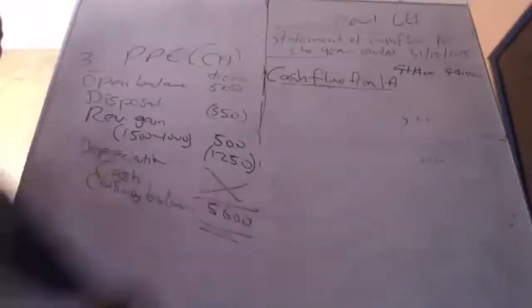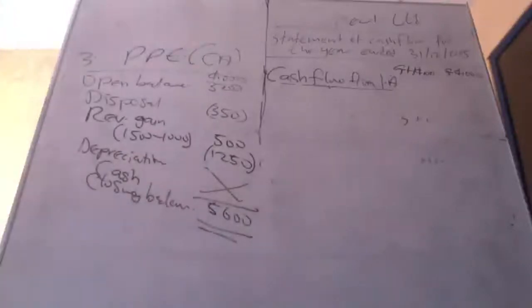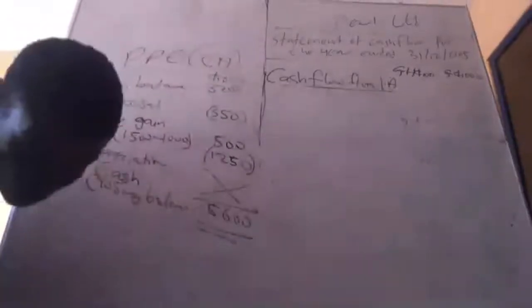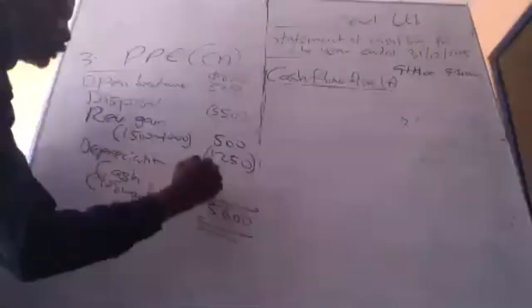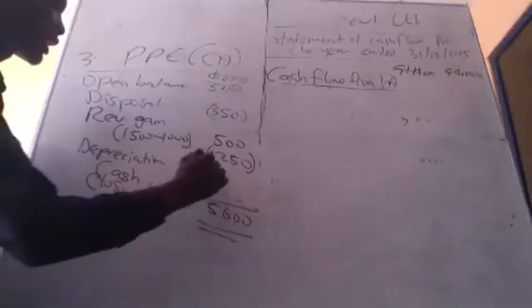Good. The difference between this, less 5,600. So that's 3,500. Okay, so that's fine. 3,500. Good one. So that's the purchases.